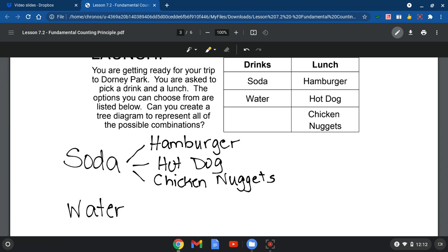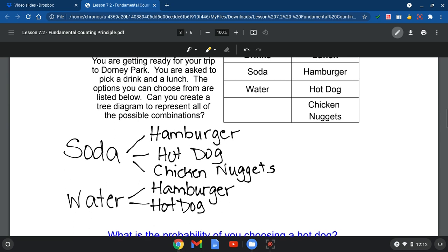If someone else decides they want water, they also have the choice of hamburger, hot dog, or chicken nuggets.